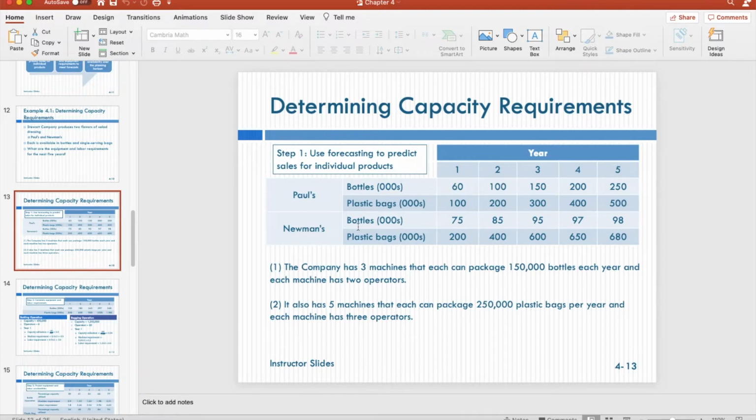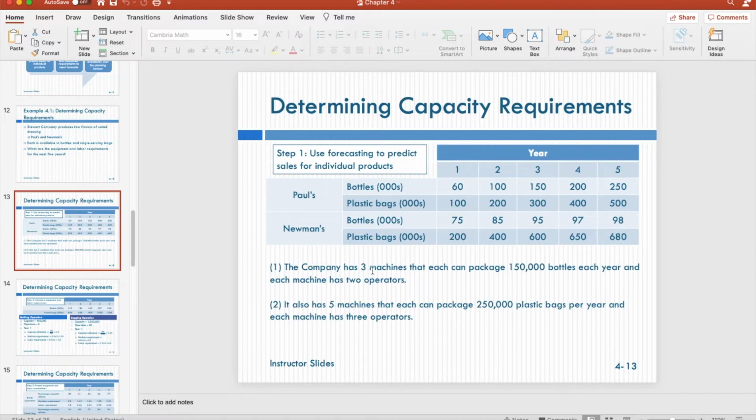And for plastic bags, these are all different amounts for different years. And similarly for Newman flavor in bottle, we probably need a different amount for each year, and for plastic bags, we need all these different amounts for each year.